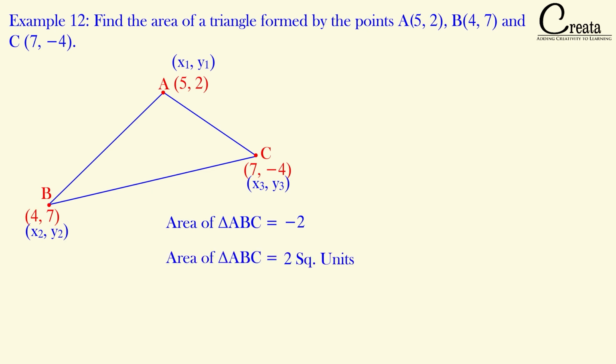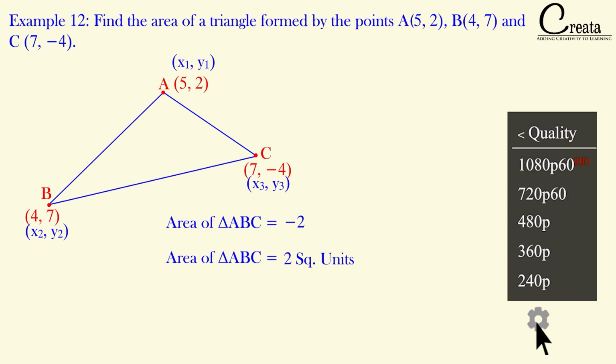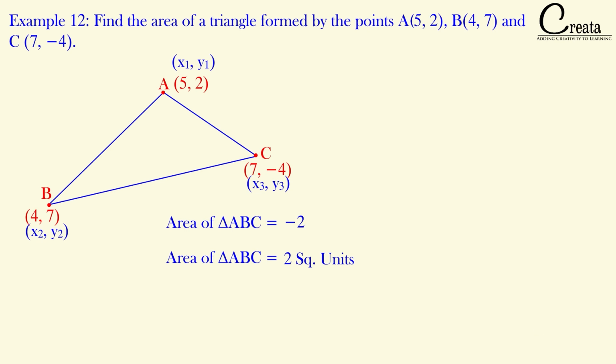The fundamental that we have learned from this question is that the area of the triangle cannot be negative. If we get an answer that gives the area of the triangle as negative, we will take the numerical value, that is, only the positive value. So we got our answer as 2 square units, and we also got a small understanding from this question. Got it? Let's move to our next question.